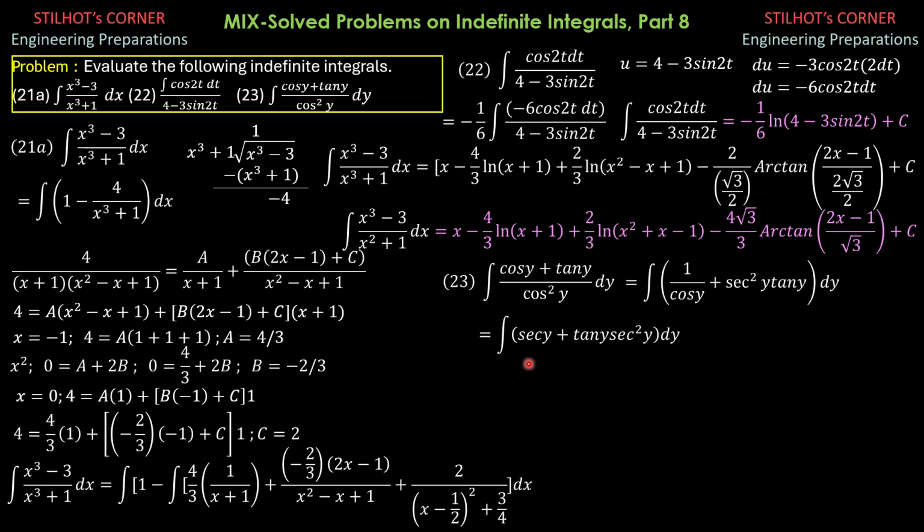So the final answer is ln of quantity secant y plus tangent y plus one half tangent squared y plus c. So that's it for this video.